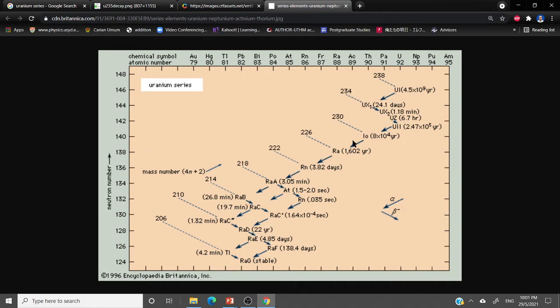But in this figure, the symbols are not what we are familiar with, like this one U1, this one UX. U1 is supposed to be uranium 238.